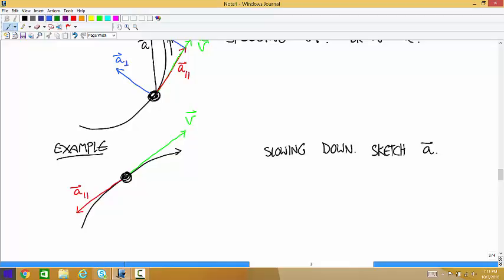The object's turning into the circle, so the perpendicular part is this. And then to do the vector addition, you have to move the tail of one of them to the head of the other one. And then the total acceleration goes from the free tail to the free head, like that.